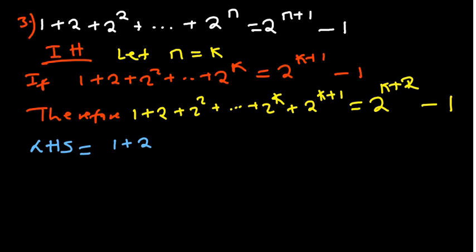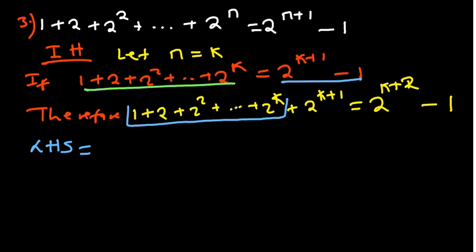I know you're smart enough, you are able to follow up. Now for the left hand side, I'll go directly. Since from the inductive hypothesis, you're able to tell that this first part is equal to that, you can check this part, it is equal to that. Therefore we'll substitute 2 to the power k plus 1 minus 1.